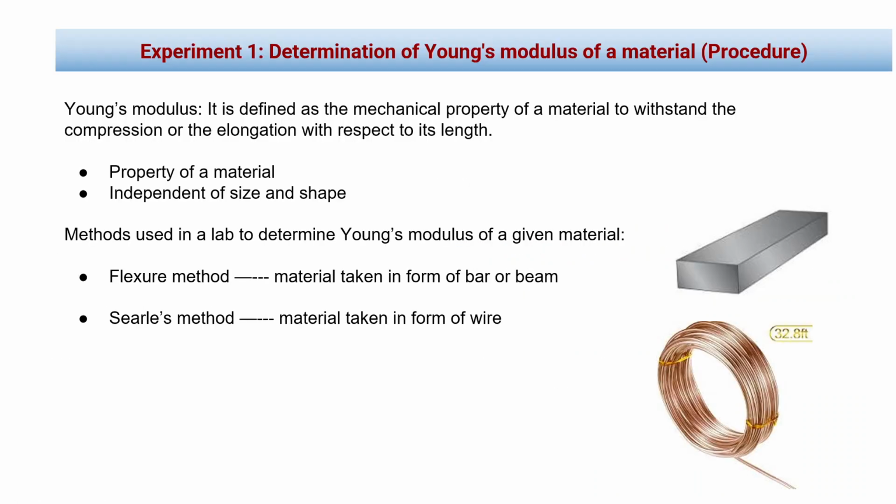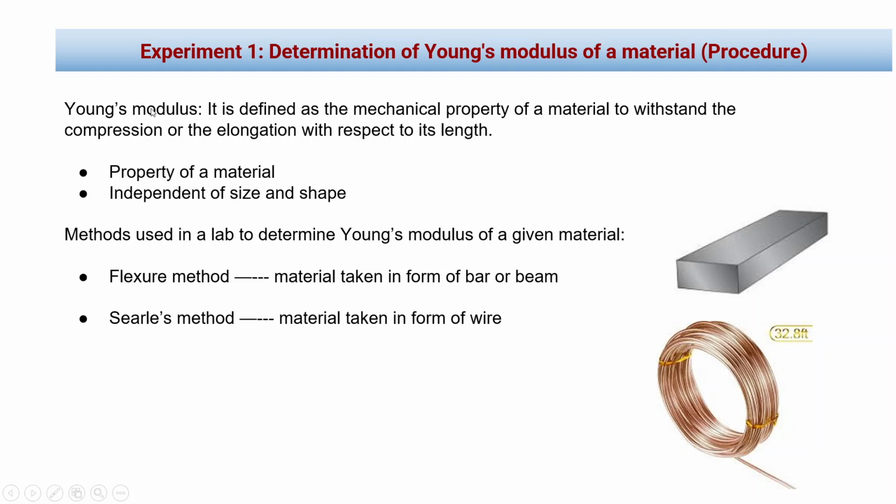Now moving forward, based on the things that the professor discussed this week, we started the experimental procedure of determining Young's modulus of a material. Young's modulus, as we saw, is a constant. It is defined as the mechanical property of a material to withstand compression or elongation, basically any kind of change in its length with respect to its original length.